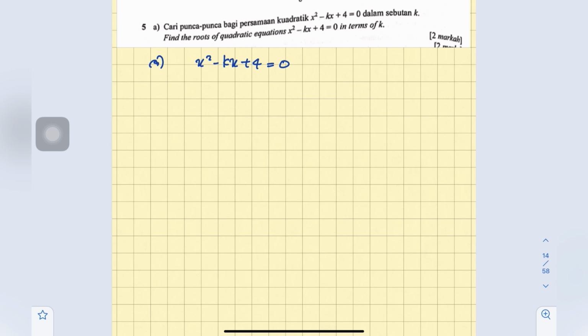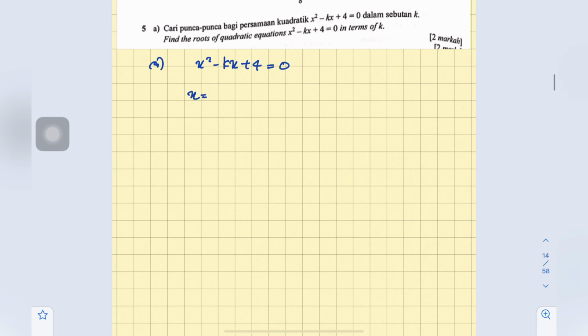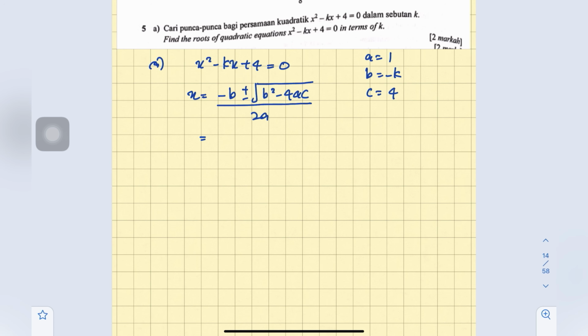Since we don't have the value of k, we need to use the formula, given in the list of formulae number 1, which is x equals negative b plus minus square root of b squared minus 4ac, over 2a. Now a is 1, b is negative k, c is 4, so we just substitute into the equation.